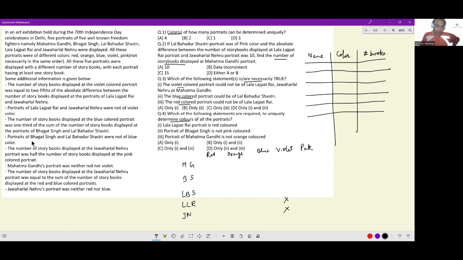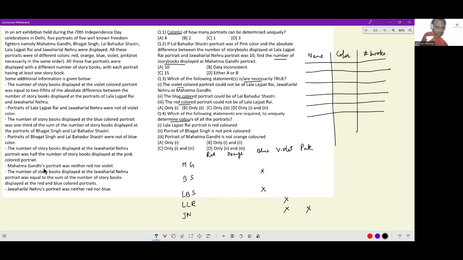But fourth point, portraits of Bhagat Singh and Lal Bahadur Shastri were not of blue color. Okay. Now this point is the funny intersection. The number of storybooks displayed at Jawaharlal Nehru portrait was half the number of storybooks displayed at the pink colored portrait. Can I say that means Jawaharlal Nehru and the pink colored portrait are definitely distinct? I can remove pink as a possibility for Jawaharlal Nehru.